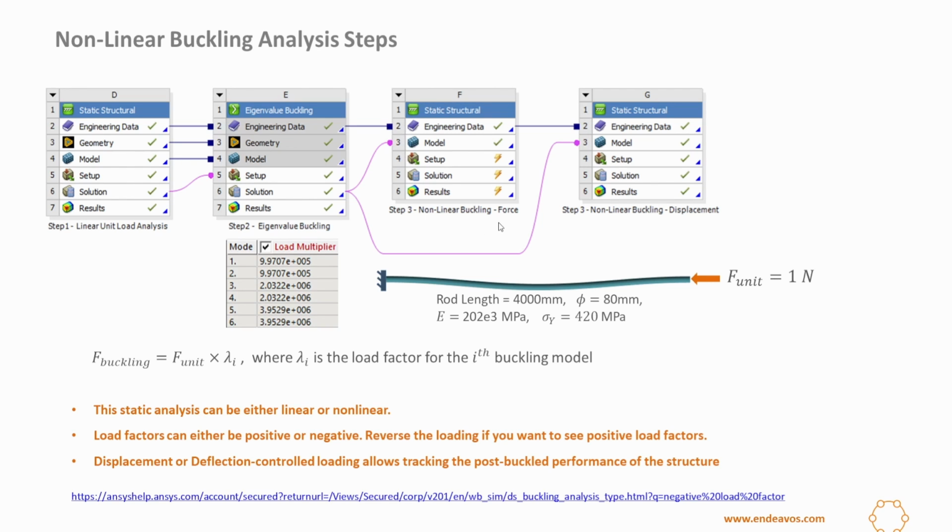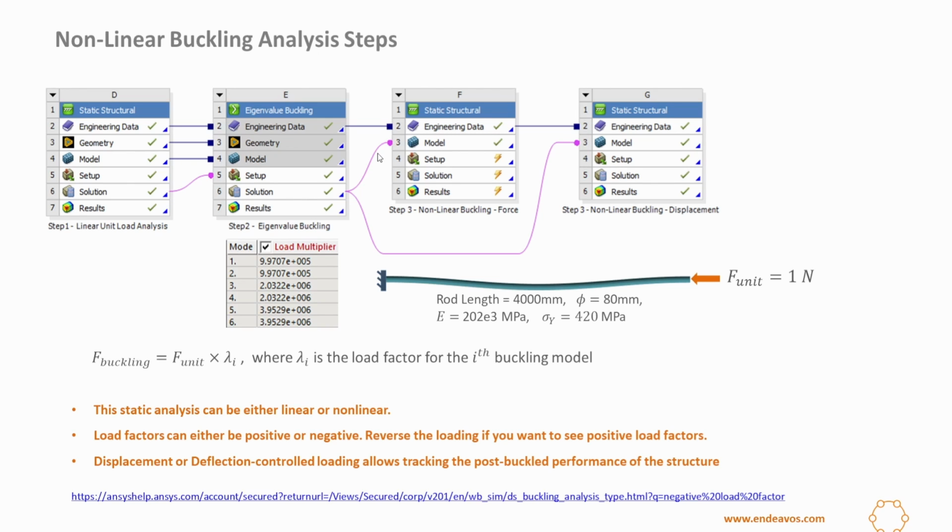Step 3 is basically a standalone structural analysis. We do import engineering materials, and you shouldn't use a nonlinear material like a bilinear material model for this analysis. The important point here is that we do import the deformed or buckled shape.